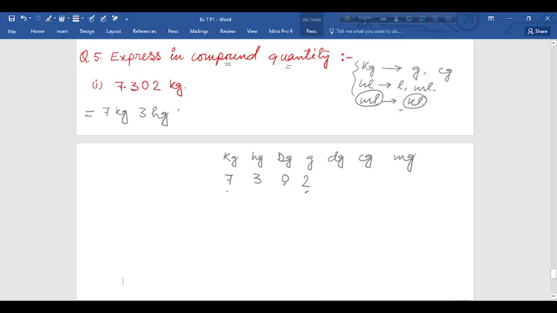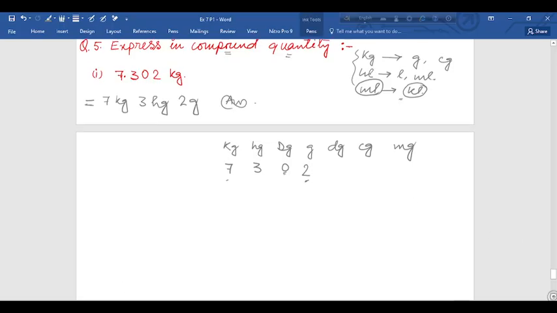Then 2 gram. So 7.302 kg, when we convert it into compound quantity, we get 7 kilogram, 3 hectogram, 2 gram. This is the answer.